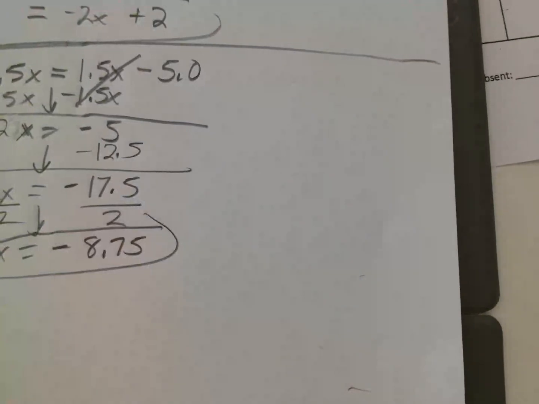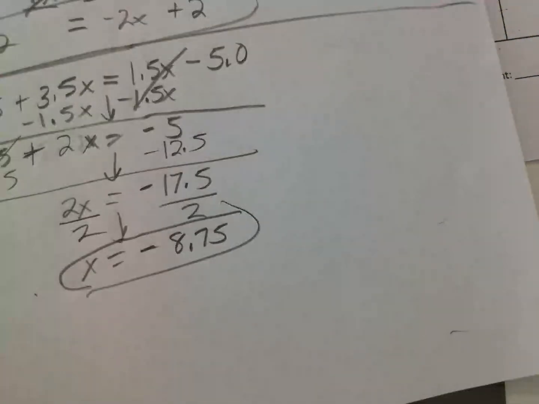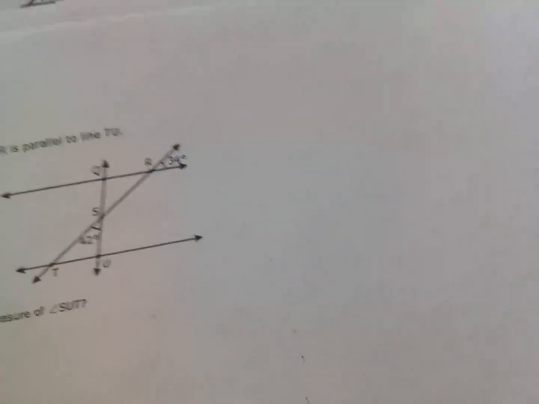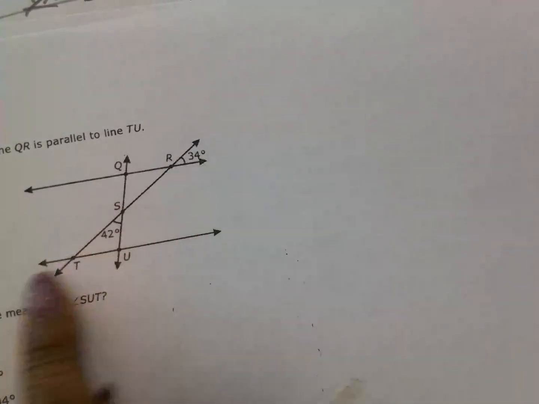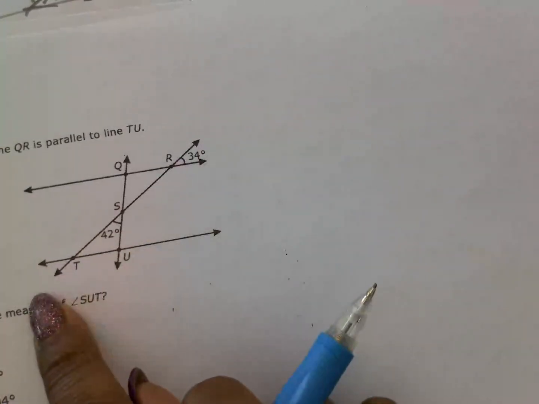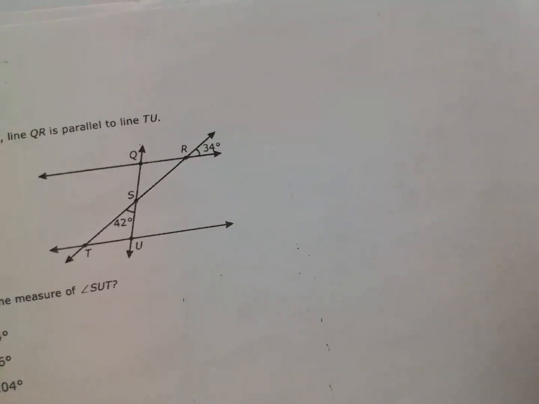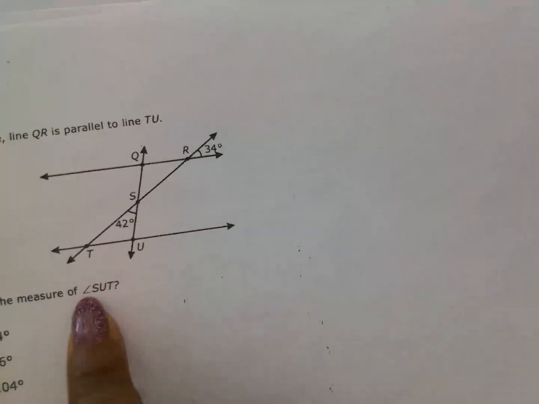All right. The last one, 20. Okay, so here you got these two lines that are parallel. This is your transversal. We're looking for the measurement of S. Where's S at?